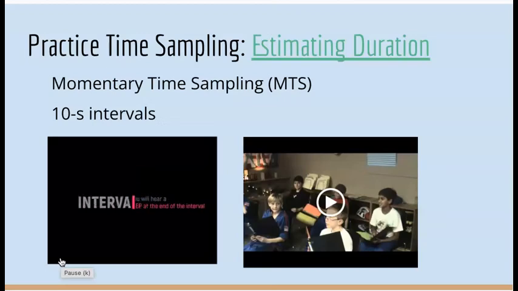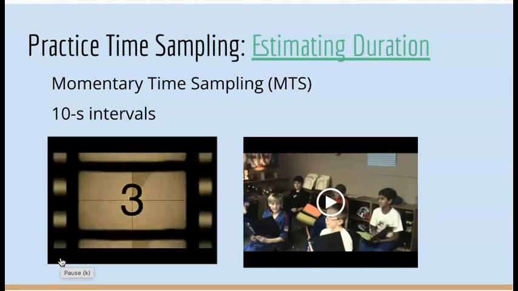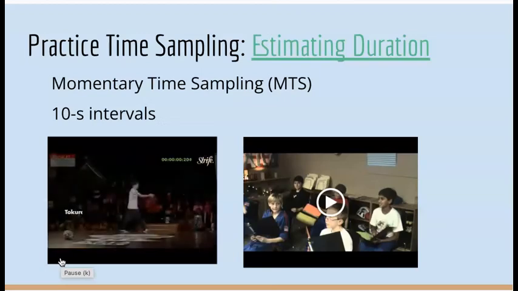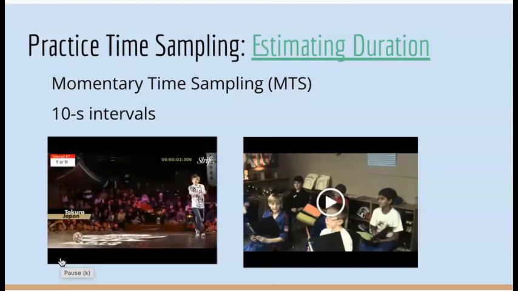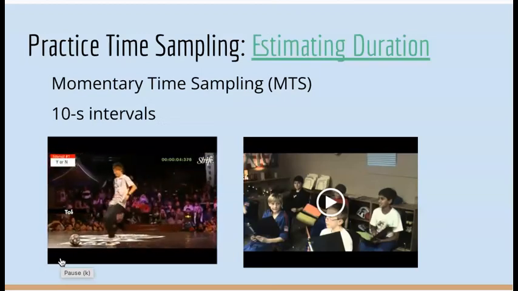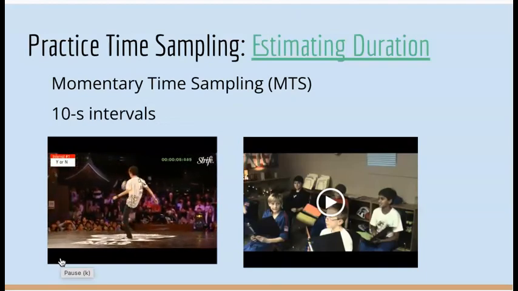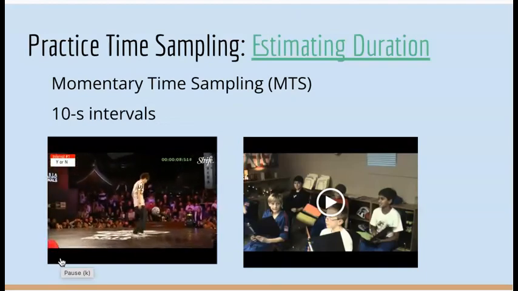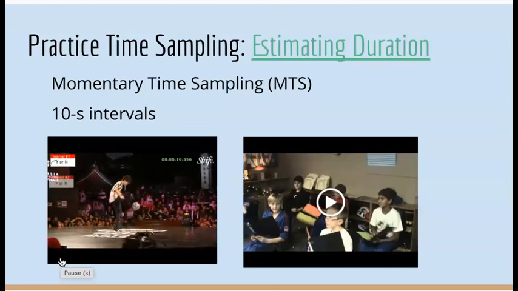And the beep will signal the end of the interval. That's the moment at which you actually record the behavior. All right.